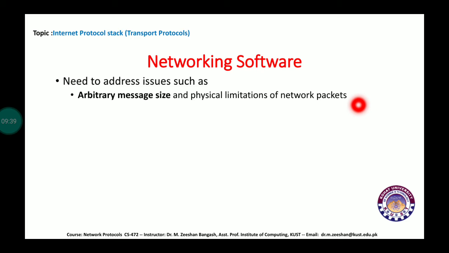So in whatever protocol is designed for communication, the size of that message needs to be fixed. Similarly, since there are a lot of packets traveling from the sender to the receiver on different routes toward the destination, these packets may be received by the receiver out of order. Again, it is the responsibility of the software between the sender and receiver, or that protocol, to take care of this out-of-order delivery of packets.